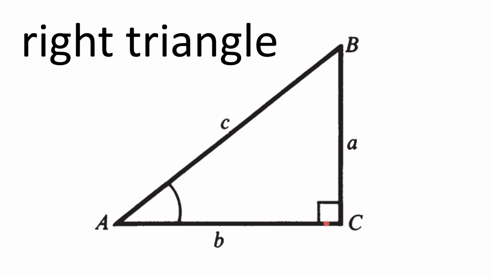As you can see, angle C measures 90 degrees, and opposite to that is small letter c, and that is called the hypotenuse. The hypotenuse is always opposite to wherever the 90-degree angle in a right triangle is. It is on the other side.